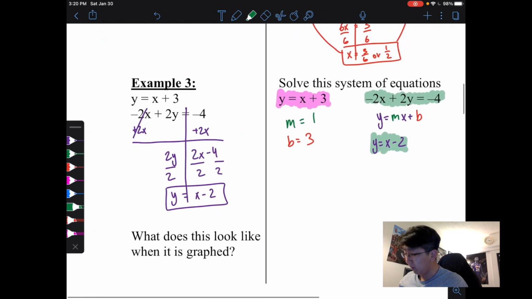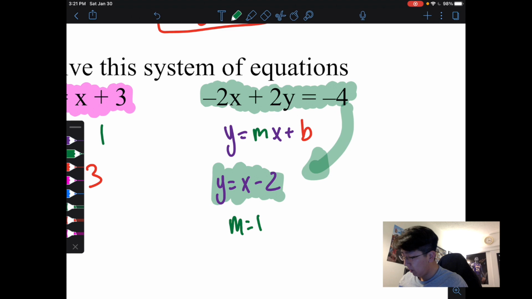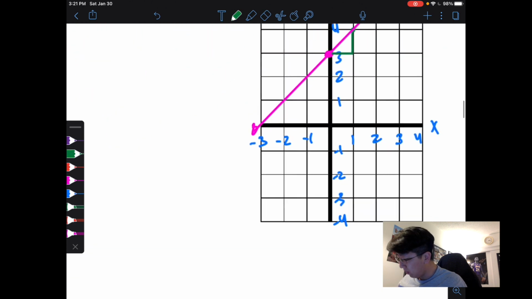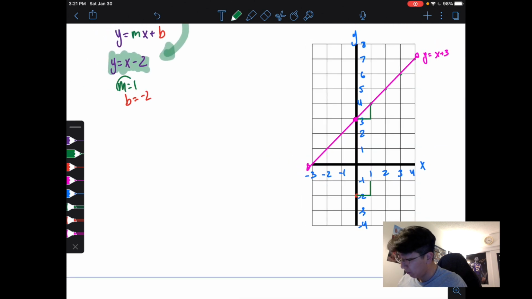The same thing, right? I just got y by itself. So this is now in slope-intercept form right here. So my M equals 1 and B equals -2. We'll start this line in green at -2. That's where I start. And it grows by over 1, up 1, right? Our m here is 1.